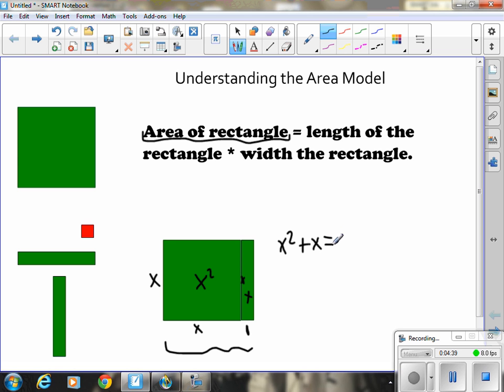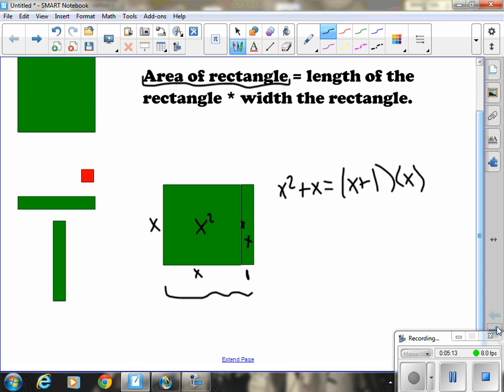The length is always my longer portion. This rectangle has a width of x and a length of x plus 1. So I could say x plus 1, which represents my length, times x. So we've given two different representations: the inside representation, which is x squared plus x, and the length times width representation, which is x plus 1 times x.